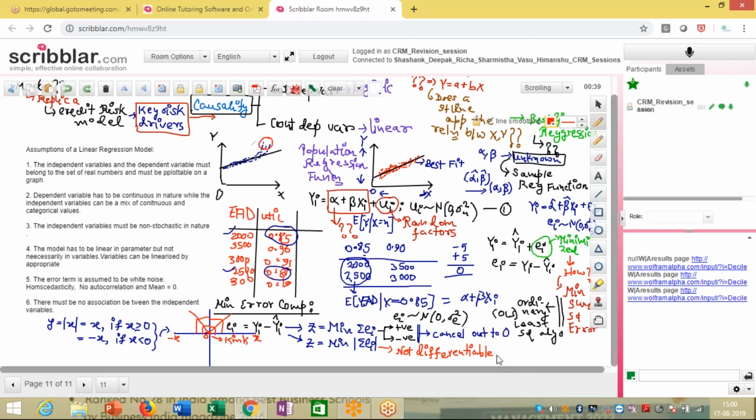Because we require the first order and the second order condition, and we need the function to be a smooth differentiable function, right? So that is the reason why this second objective function is also not possible.